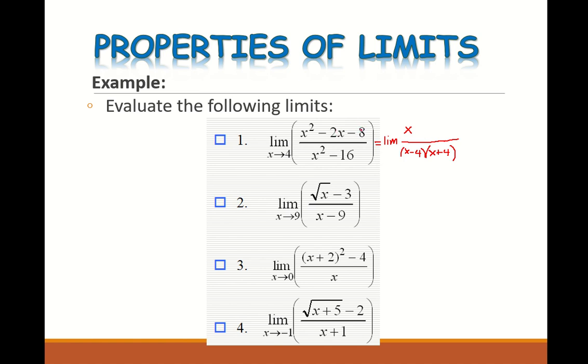So we have x squared minus 2x minus 8. The factors for x squared are x and x.